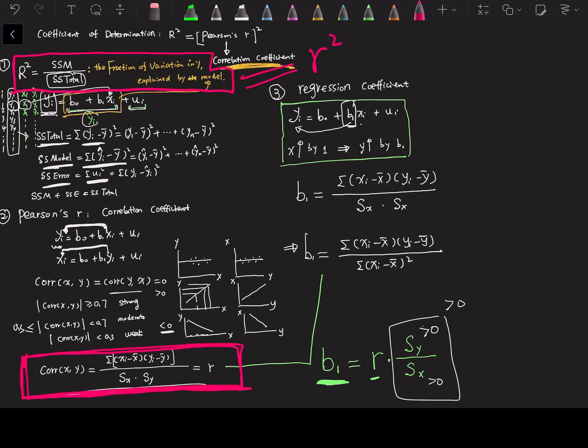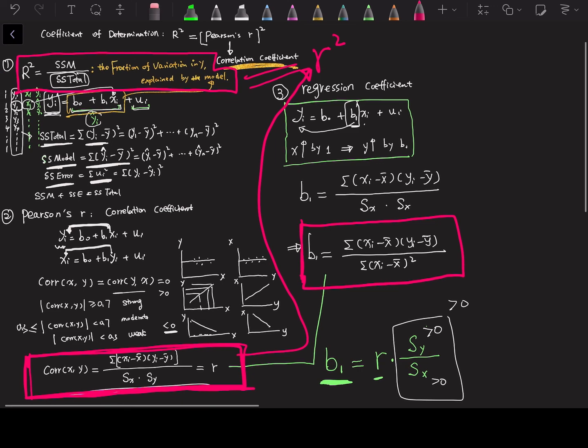We're not using x to explain y or y to explain x. This is Pearson's R. And the third measure is this, which we call the regression coefficient. The relationship between the regression coefficient and Pearson's R is like this. Okay, same sign but different magnitude.